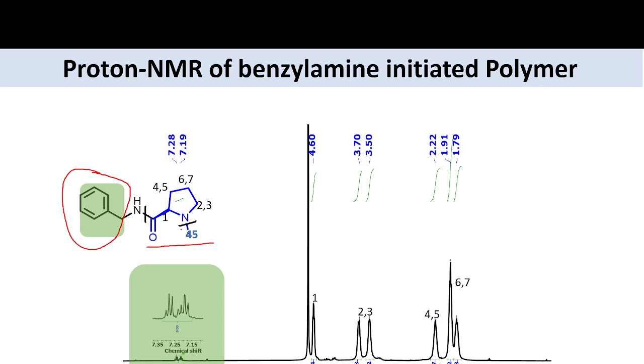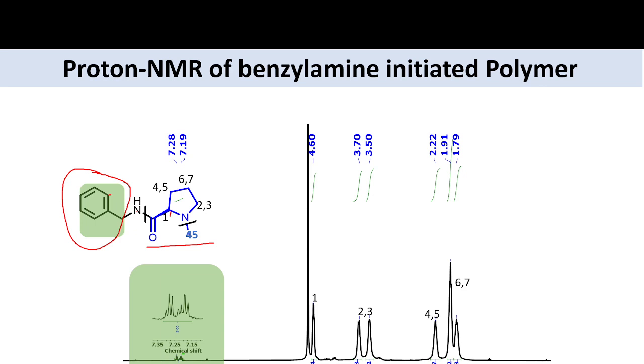If you consider this position, there will be one hydrogen. We integrate this peak, as there are a total of 5 protons in this benzene, and from 1 proton we are getting around 41 or 42. So from one initiator we are getting 42 of this hydrogen. So our monomer is repeated 42 times in the polymer chain.